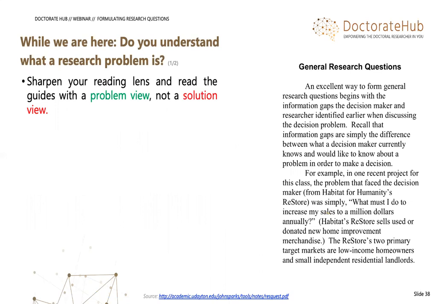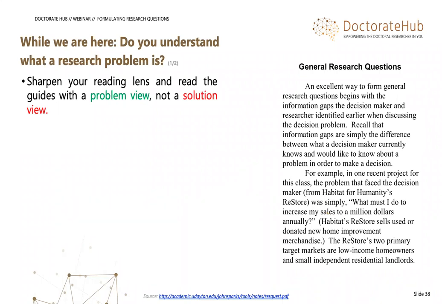Now, let's look into the general research questions guidance on the right side as an example and illustration of what I mean here. An excellent way to form general research questions begins with the information gaps the decision maker and researcher identified earlier when discussing the decision problem.